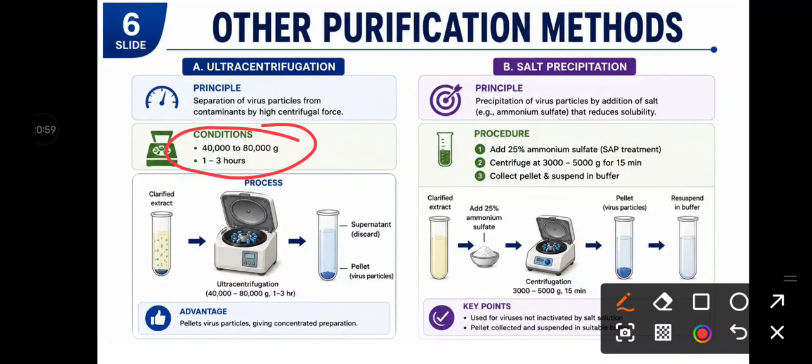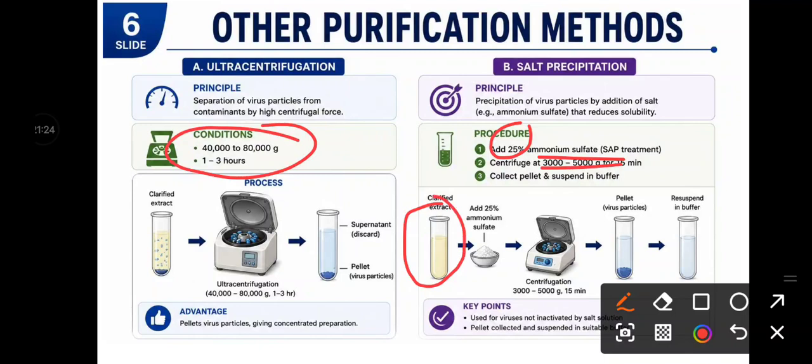The virus is precipitated by addition of salt that reduces its solubility, and ultimately the virus is precipitated at the bottom. Generally ammonium sulfate at 25% is mostly used. Here low speed centrifugation is used, 3000 to 5000 for 15 minutes only.